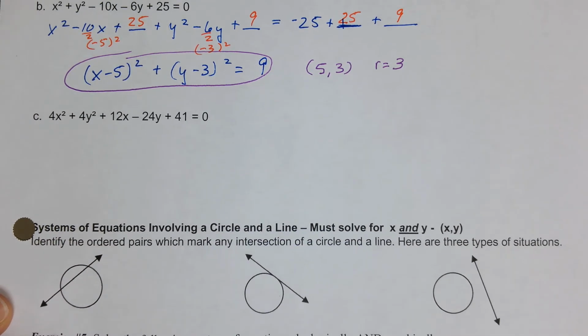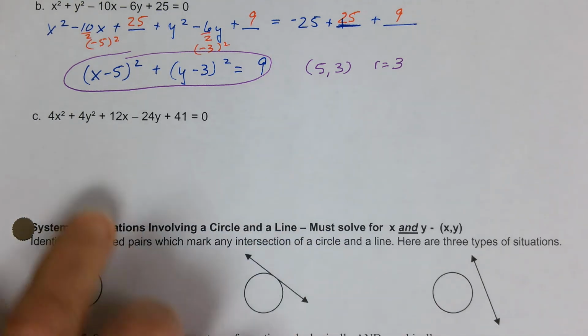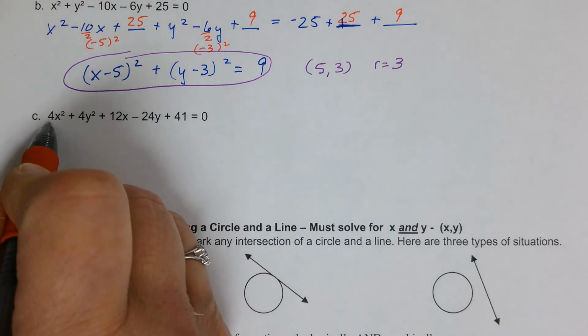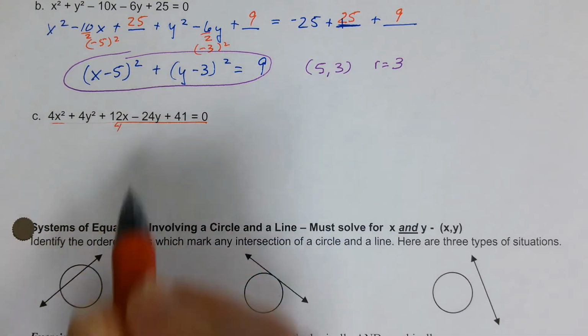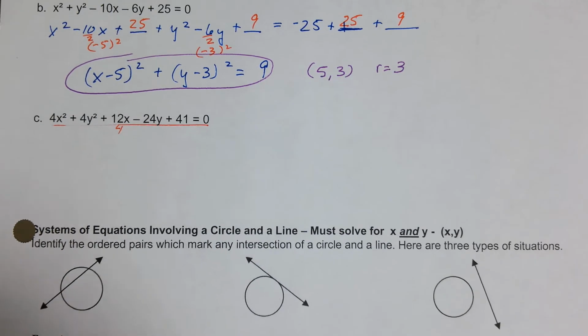C, we have 4x squared plus 4y squared plus 12x minus 24y plus 41 equals 0. Okay, so if we're using complete the square, right away we have to divide everything by 4, because the leading coefficient needs to be 1 in order to use the process or start the process of complete the square.